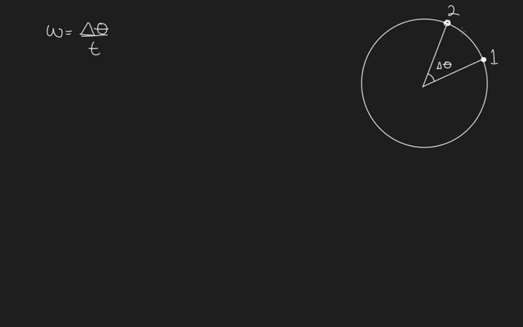From circle geometry, we know that the arc length, which is this length here, we can give the symbol delta S, standing for arc length. And arc length, delta S, is equal to r times delta theta, where r is the radius of this circle. So r times delta theta tells us this length here.